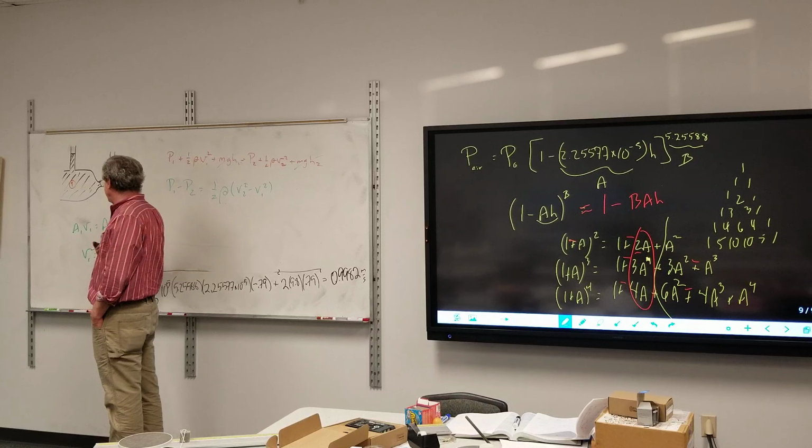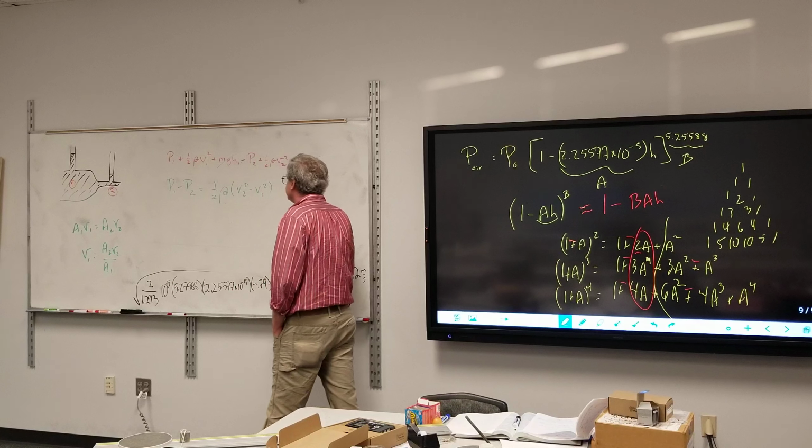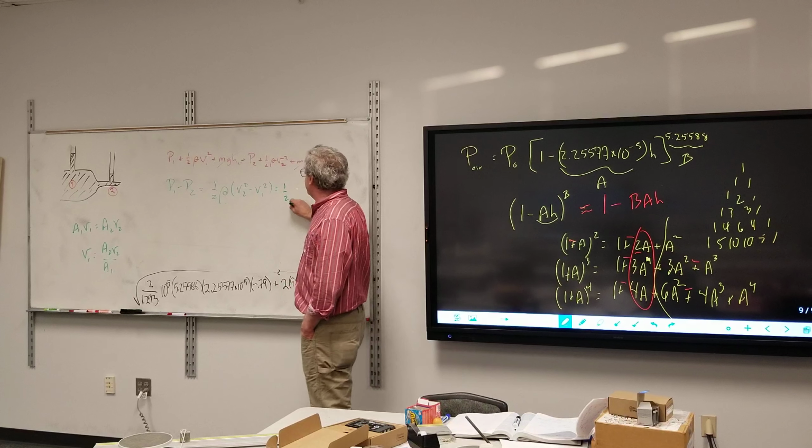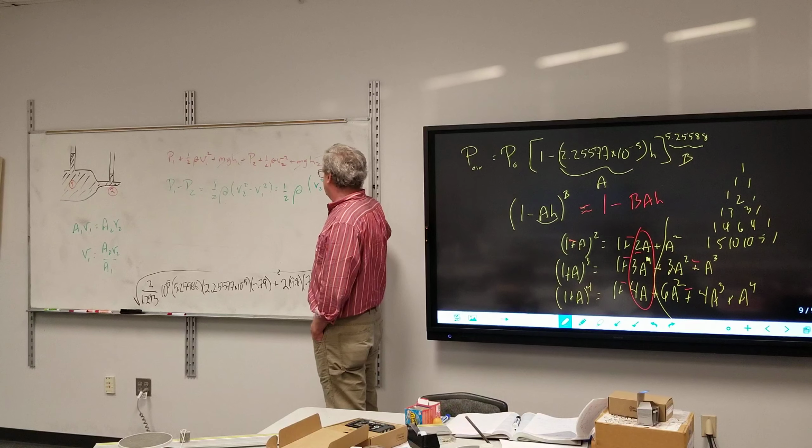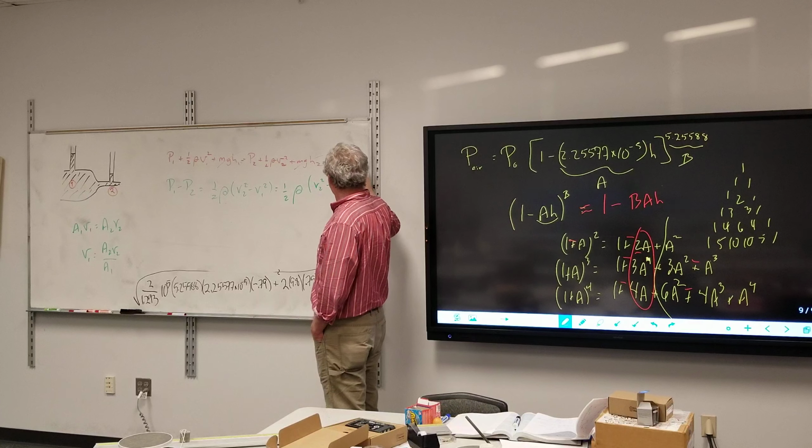I think the book gets rid of V2, but so V1 is A2 V2 over A1. Plug that in here. I get 1/2 times the density of the fluid times V2 squared minus (A2 over A1 V2) quantity squared.